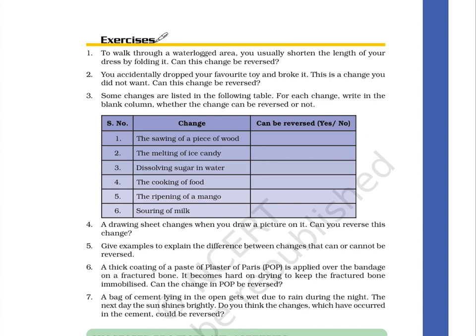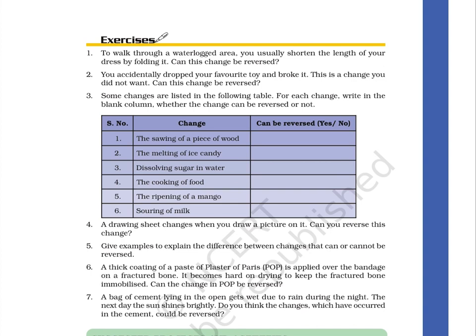3. Some changes are listed in the following table. For each change, write in the blank column whether the change can be reversed or not. 1. The sawing of a piece of wood. Yes or no? 2. The melting of ice candy. Yes or no? 3. Dissolving sugar in water.